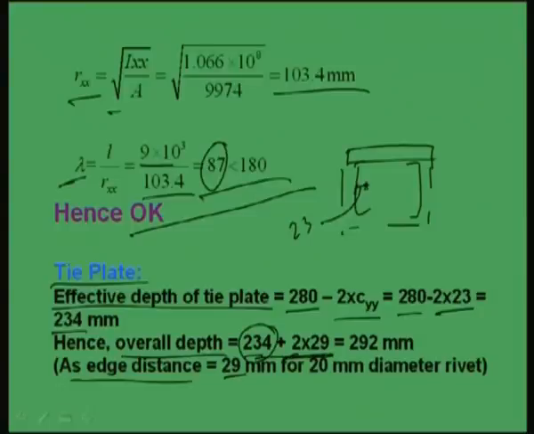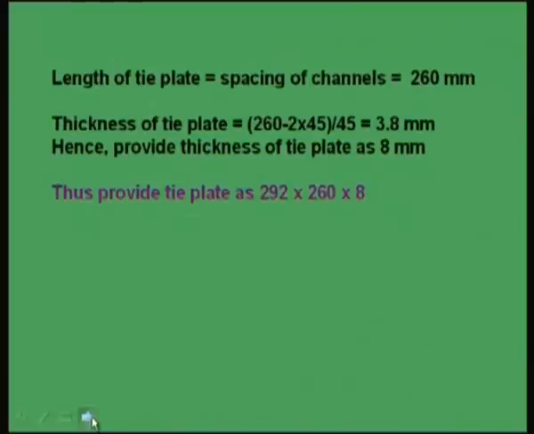After calculating this, we get 292 millimeter. So what will we do now? The length of tie can be made as the spacing of channels, which was calculated as 260 millimeter. So the length of tie is 260 millimeter, basically we are providing it as the spacing.